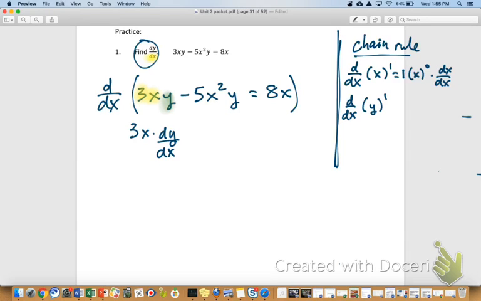If I was doing d dx of y to the first, just like we did on this one, wouldn't we follow largely the same procedure? Yeah. Let's think this through. Wouldn't the 1 come down in front, have y to the 0? I'm just doing a power rule. The derivative of something to the first is 1 times that something to the 0.